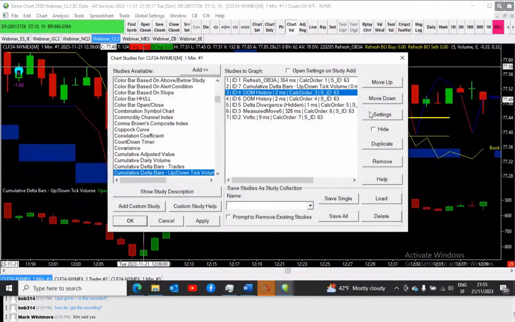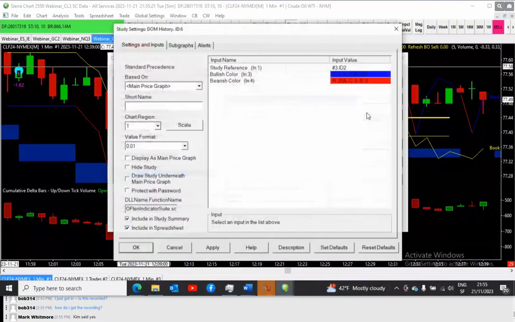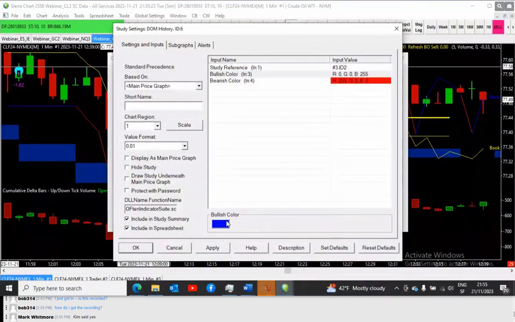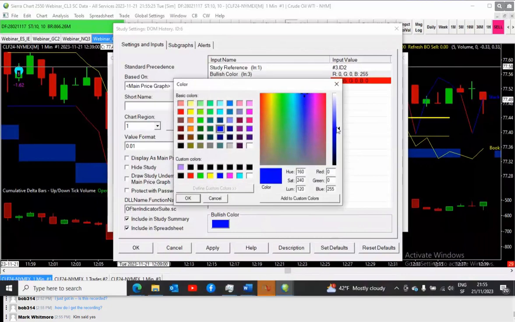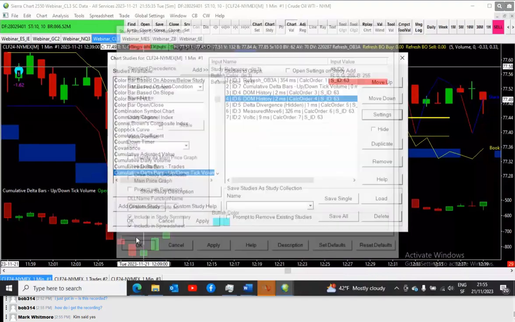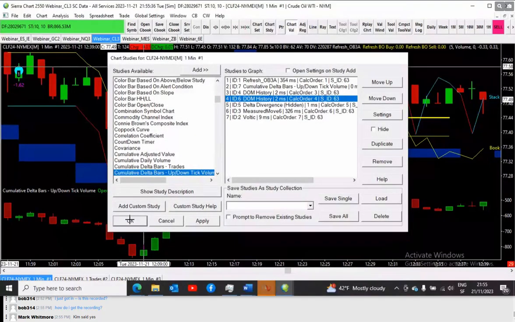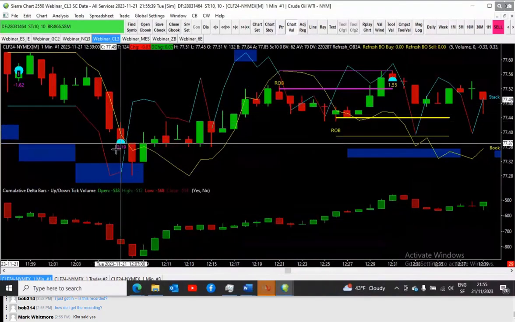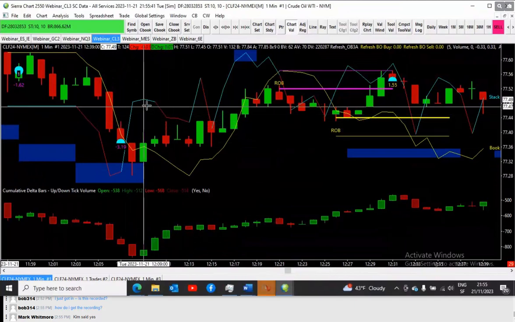I picked a color I'm not using elsewhere, but I think this will be okay. Right, so hopefully you can see the pale blue and red line here.